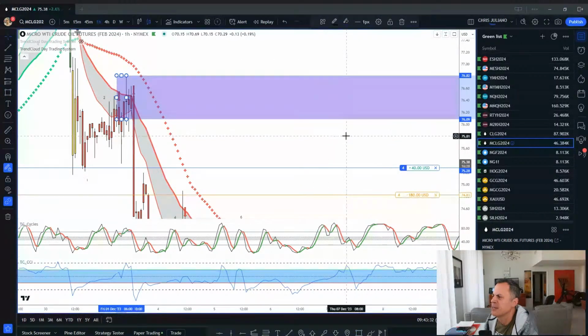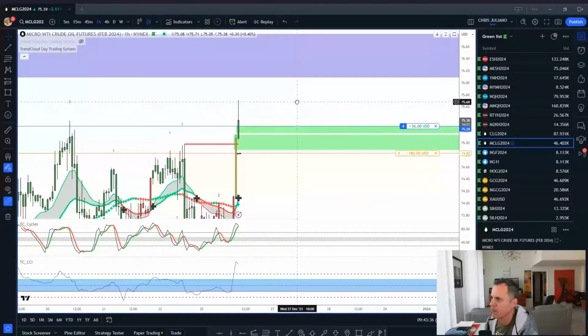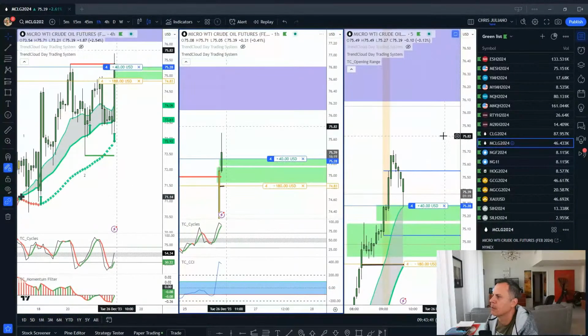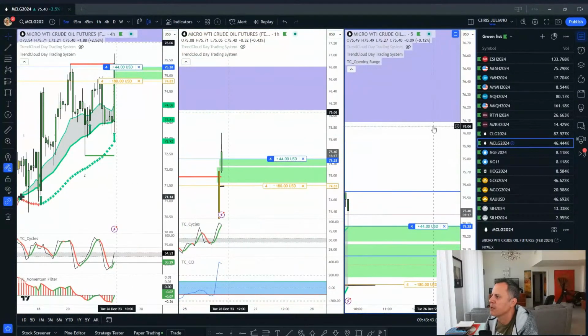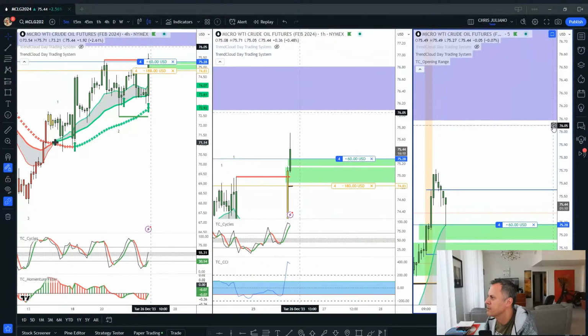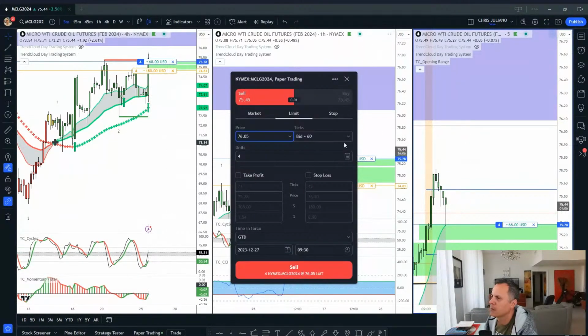Let's put a blue box there. Yep, and it's right below it, right? I'd say that's a good target. Why don't we take off half our position right here? Take off 2.